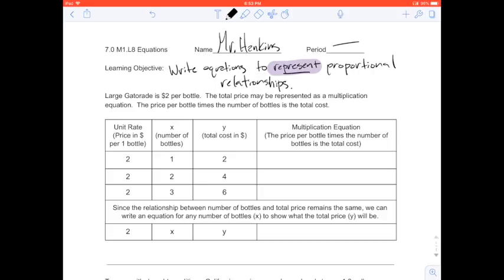So what we want to do here is write an equation that involves multiplication and only multiplication to get from these quantities that are involved, unit price, number of bottles, to get to our total cost, just like you would in the store.